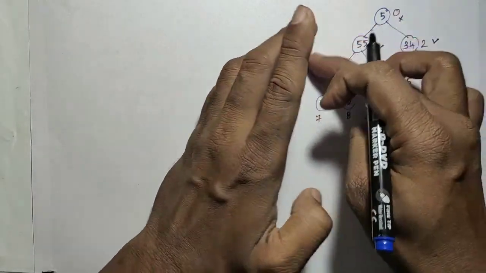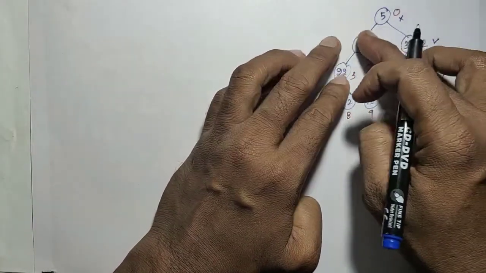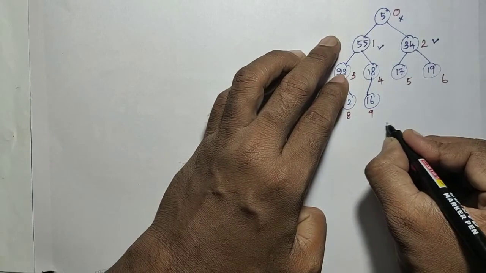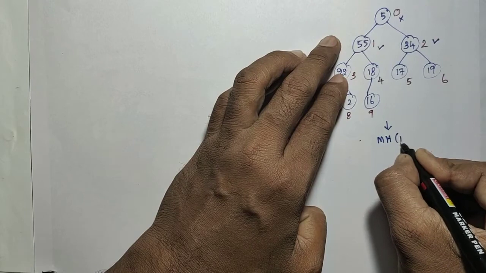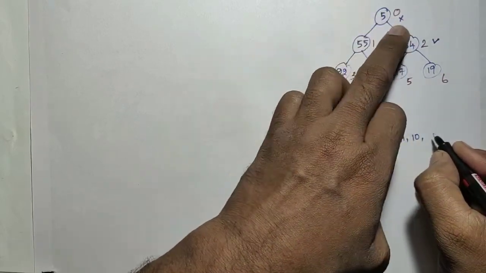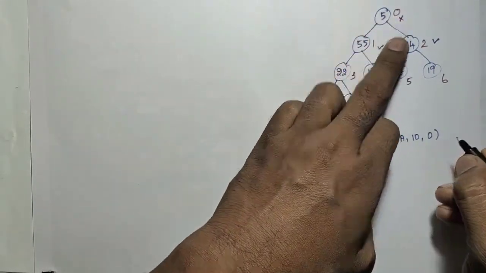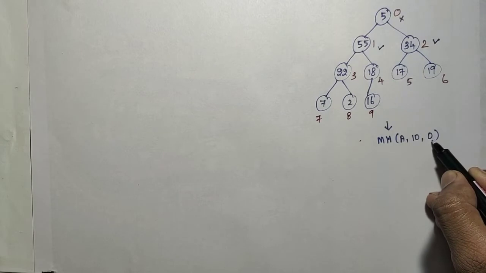So in that situation, if I call max heapify, which one violates the heap property? That is the 5. So I need to call max heapify of A comma n, where n is the number of elements, 10, comma I, which is 0 now. So 0 is violating the heap property. The left of 0 is a heap, the right of 0 is a heap, but 0 is not a heap.